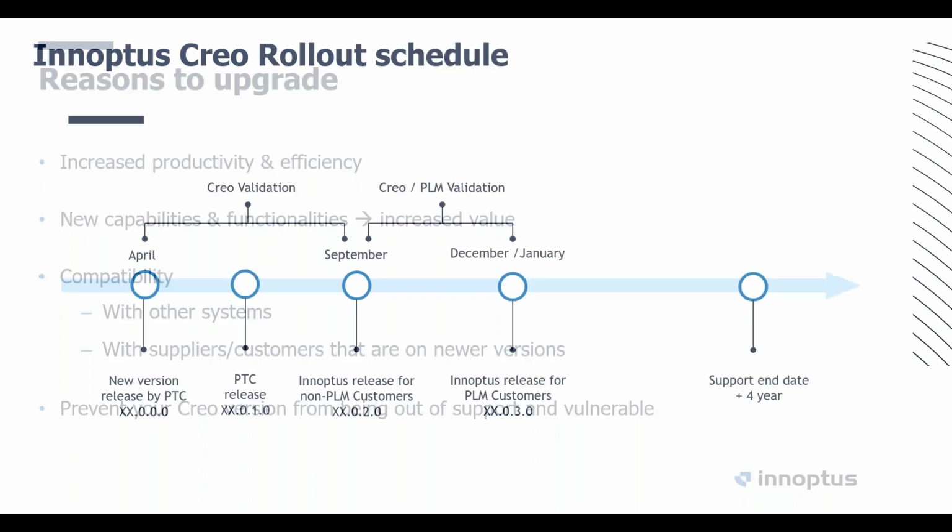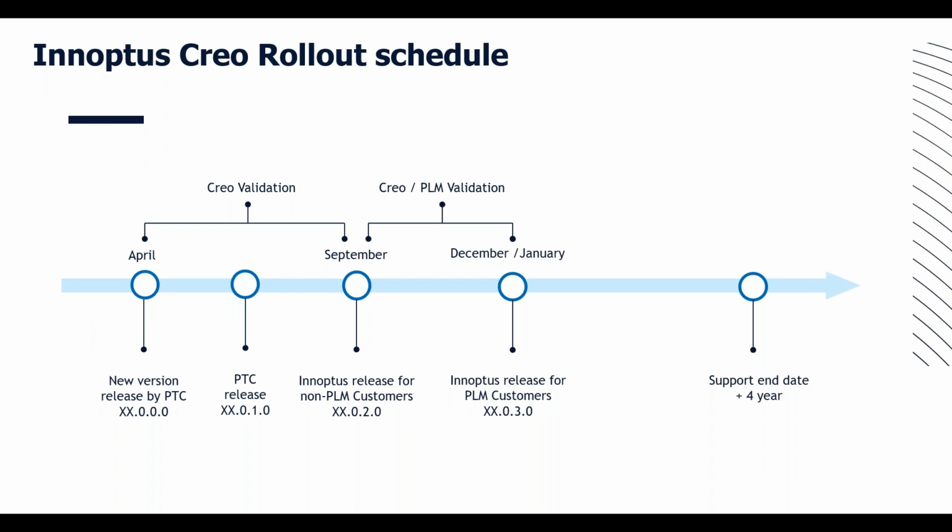We also typically follow the PTC schedule. Roughly around April, PTC releases a new version. We then in Optis start testing and validating that to version, in this case, Creo 11.0.2. This is around September. This year PTC was a little bit late with that second version. And then we can start to implement for customers who do not have Windchill.